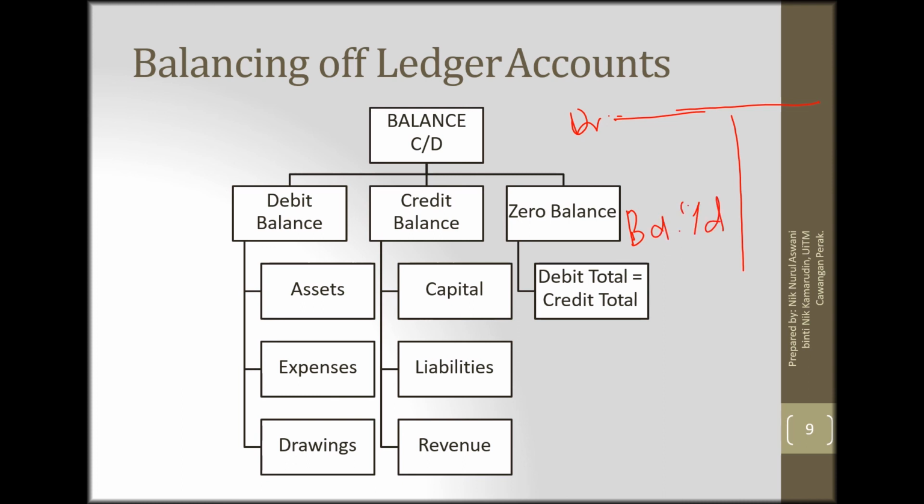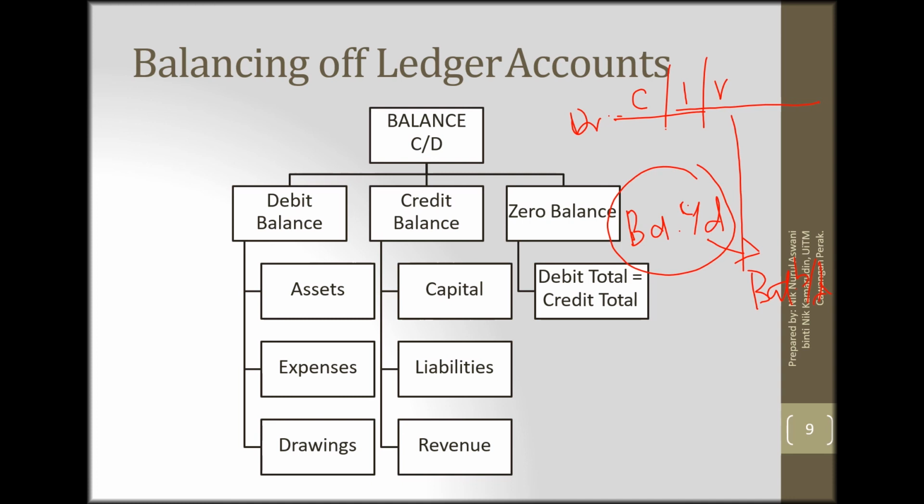Balance c/d is the amount of balance that you calculate at the end of the month, or at the end of the year, or at the end of the day, depending on the volume of the transactions. For capital, liability, and revenue, you will have a credit balance. Why credit balance? Because you are going to carry it down to the credit side, and it will become a balance b/d. So this is a credit balance.